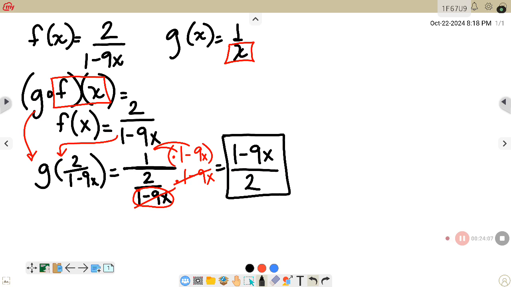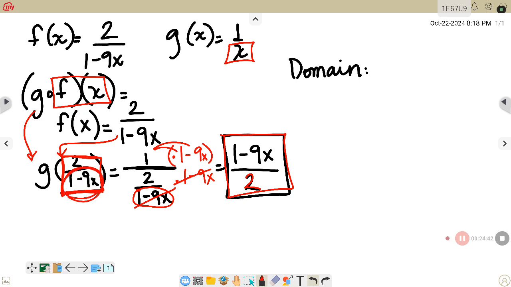And now we will find its domain. Looking in two areas, your final answer does have a denominator, but you'll notice the denominator is just 2. That means there's no x in the denominator, so there's not any restrictions. But the restriction comes where you plugged in, which is 2 over 1 minus 9x. It does have a denominator with an x in it.